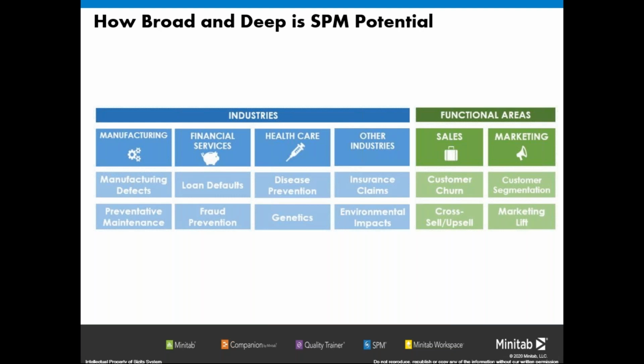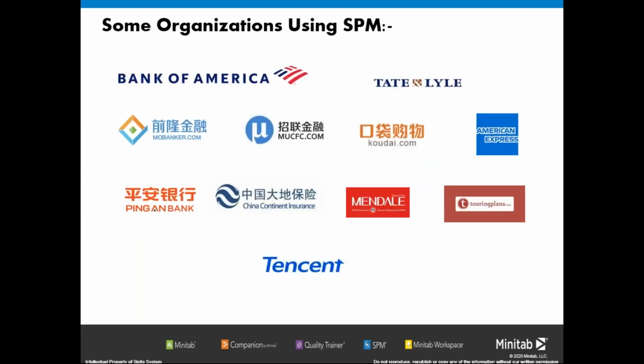If you are from the sales department, you can look at customer churn, cross-sell or upsell. If you are in marketing, you can also use SPM for customer segmentation or marketing lift. This is how you can use SPM in real life. Some organizations using SPM include Bank of America and so on.